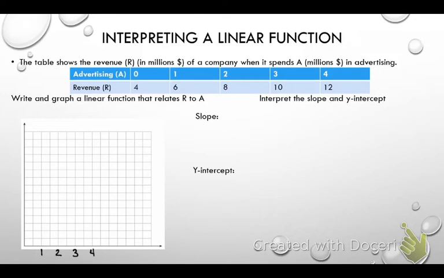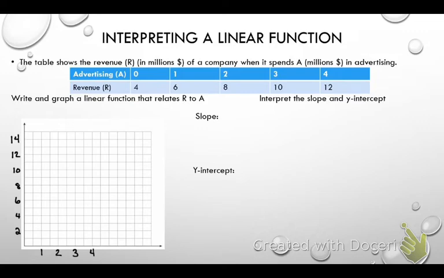What about on your Y values? So your revenue values went from 4 to 12. So how did you do your Y values? What intervals? Twos? Okay. So 2, 4, 6, 8, 10, 12, 14. So my first ordered pair was 0, 4.